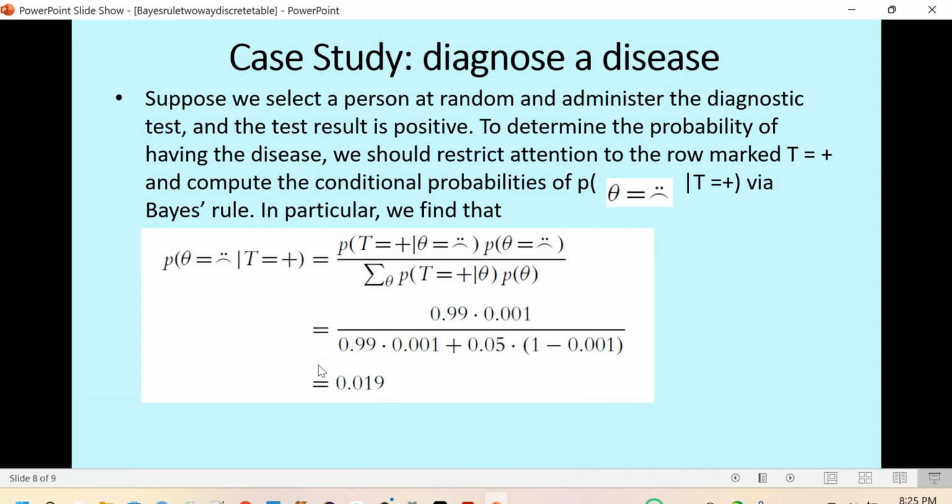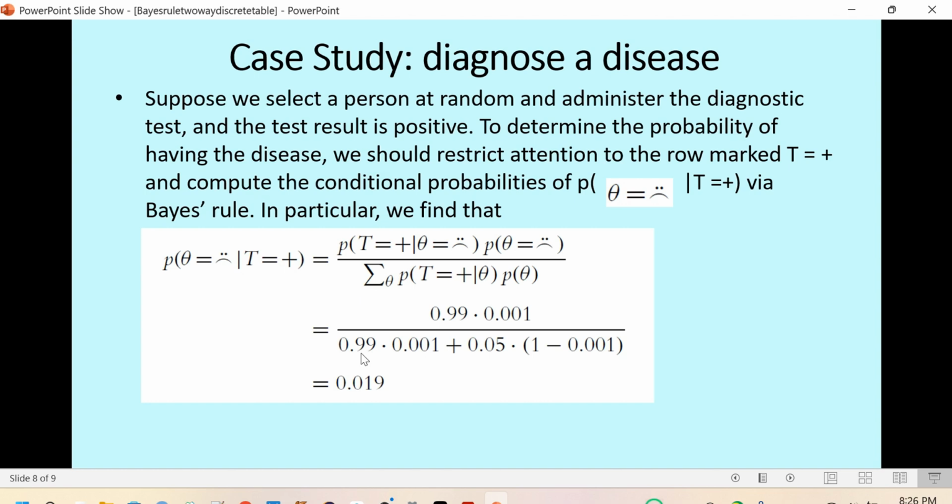So this means this test method is not so strong to say whether the person has disease or not, right? Because there is only a 2% chance that the person has disease if the test is positive.